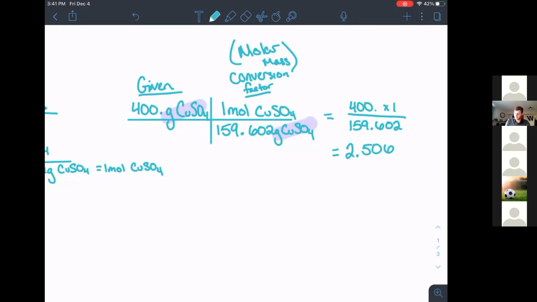All right, 2.506 moles of copper sulfate. And then we just have to check our significant figures to keep them constant.